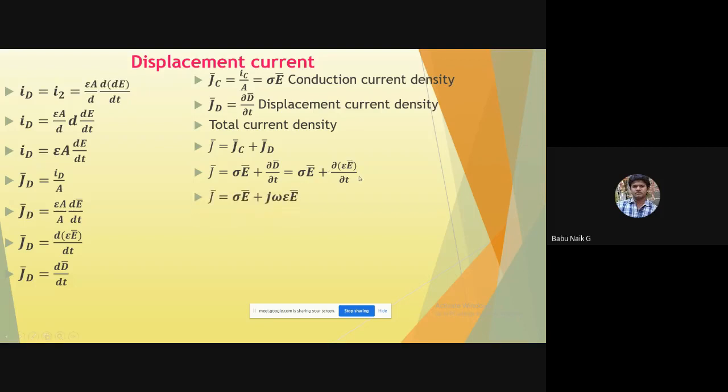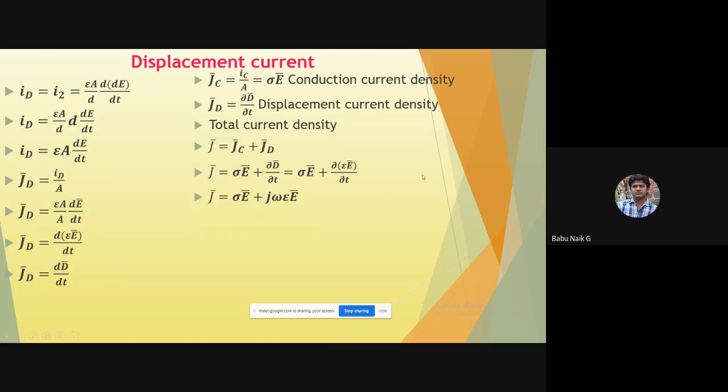Then further you can write down the electric field's rate of change with respect to time t, that is how you get j omega epsilon E. E is a sinusoidal function with a complex form, that is cos omega t plus j sin omega t.